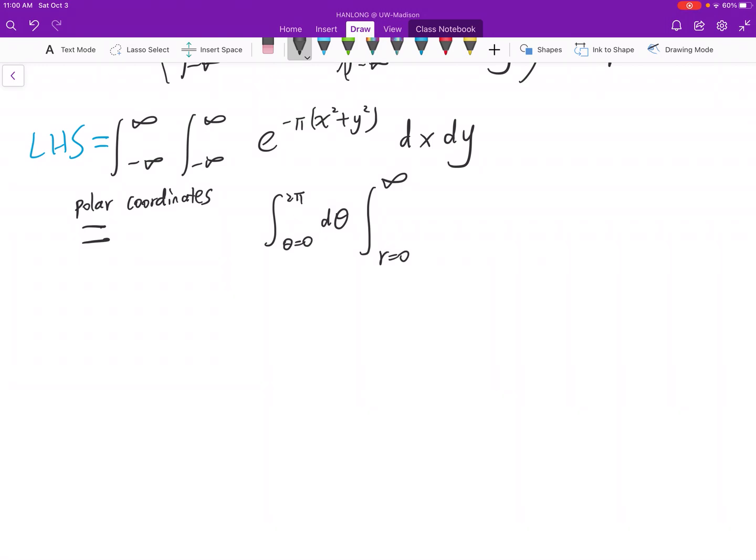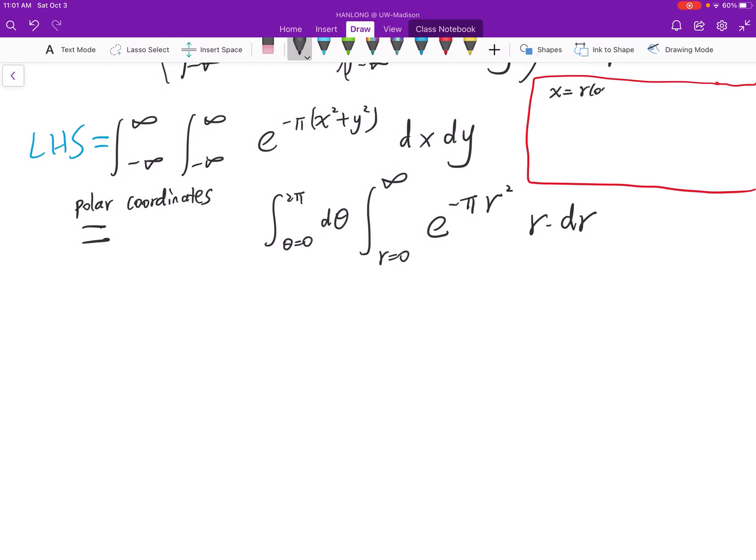Inside you have the function with r squared and r dr. I would like to make several remarks in case you forget some basics of polar coordinates. x is r cosine theta, y is r sine theta, dx dy is r dr d theta.